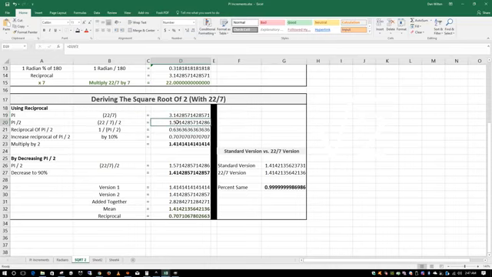So let's take 22 divided by 7. We'll divide that by 2 and take the reciprocal, and you notice we get 0.636363, right?